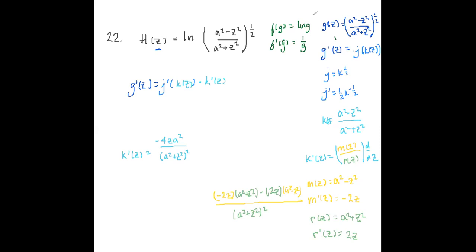So this is going to be 1 half times the original k, which in this case is going to be a squared minus z squared over a squared plus z squared, times minus 4z a squared over a squared plus z squared squared.